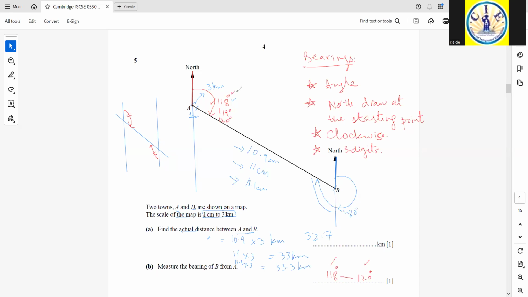So if this is 118, this portion is also going to be of 118 degrees. So the complete bearing from here till here is going to be the sum of these two. So the answer to part C is going to be 180 degrees plus 118, that is 298 degrees, or 180 plus 119, which could be 299 degrees, or 180 plus 120 degrees, that yields an answer of 300 degrees. So that was part C of question number 5.